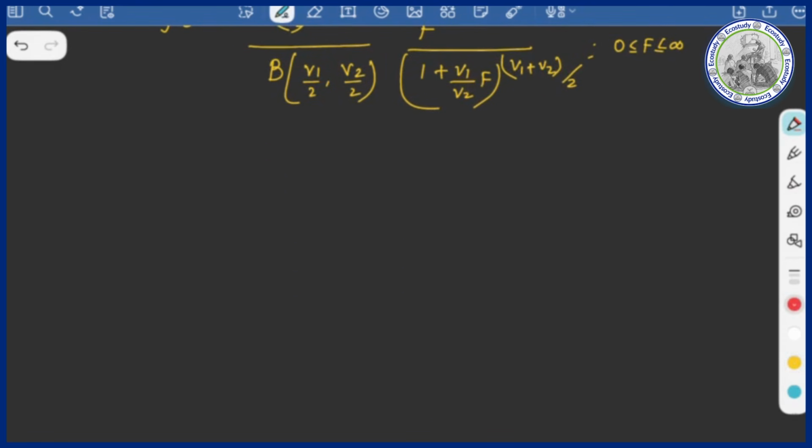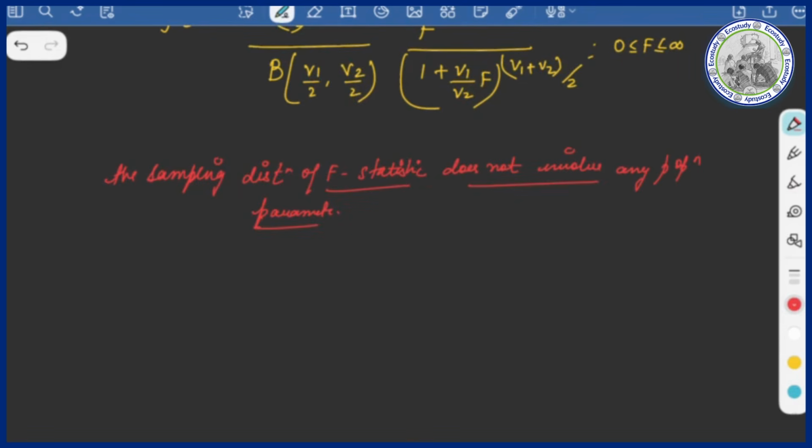One of the important points here is that the sampling distribution of the F statistic does not involve any population parameters. It only depends on degrees of freedom.